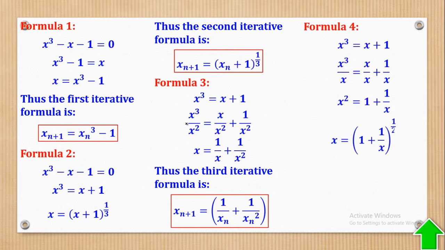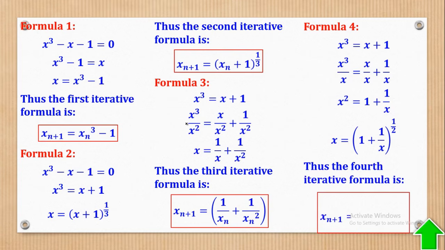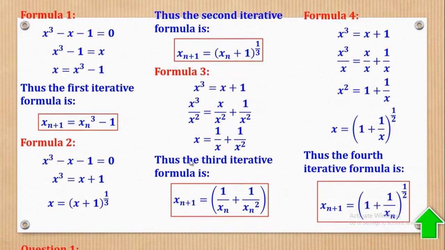And when I take the square root on both sides, I'll come up with that. Therefore, the general form iterative formula will be that. As simple as that. So that is how you get these general form iterative formulae. As long as they don't specify that it is Newton-Raphson and it's a polynomial, you can use this. As long as you see the words general form iterative formula, as we shall see in the examples.